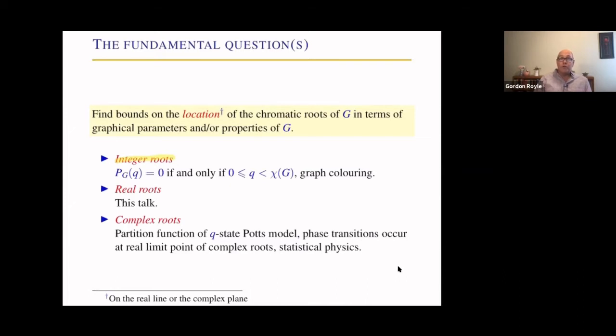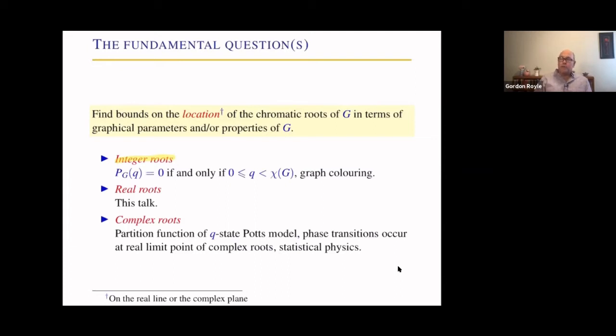So the integer roots are basically all the integers from 0 up to the chromatic number minus 1. And that's that. The real roots behave slightly differently, and that's what I'm going to be talking about for the rest of the talk.